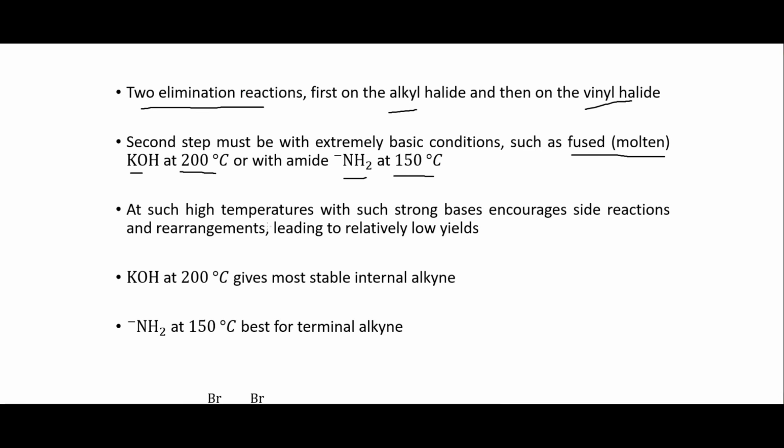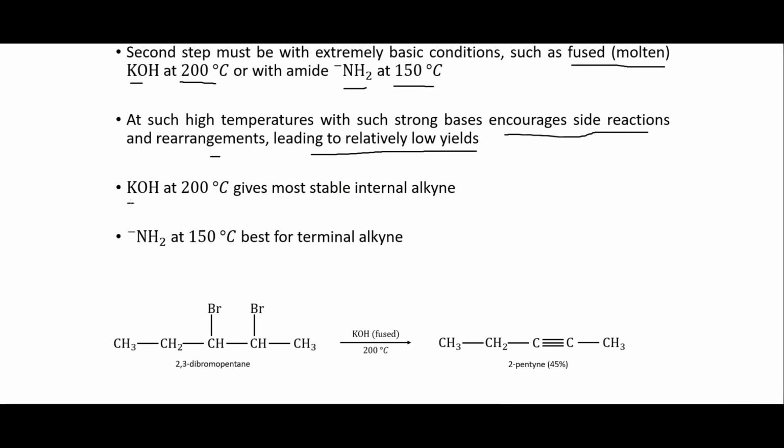And so at such high temperatures with such strong bases, this will encourage side reactions and rearrangements, so we end up getting pretty low yields because you're going to get a bunch of other products from these side reactions that are forming. And so the potassium hydroxide at 200 degrees Celsius is best for these internal alkynes, where the amide at 150 degrees Celsius is better for these terminal alkynes.